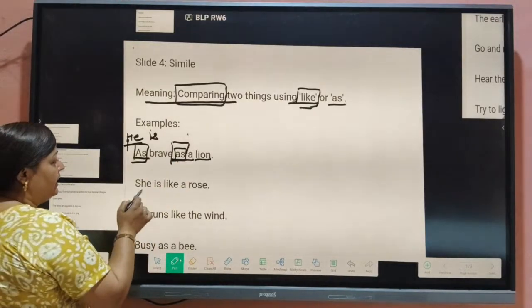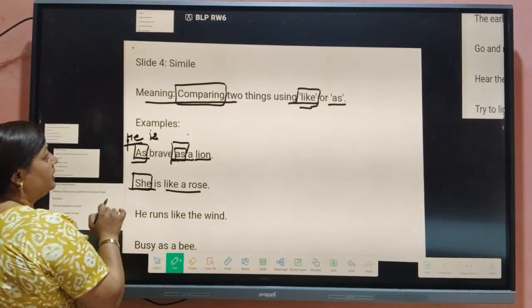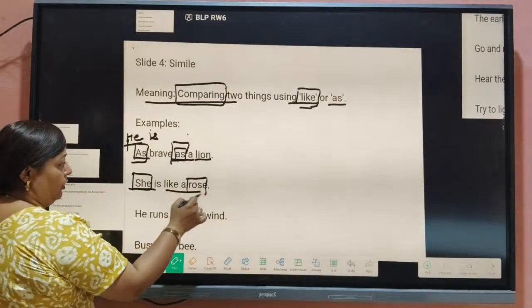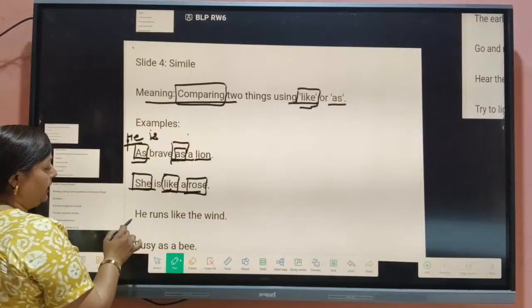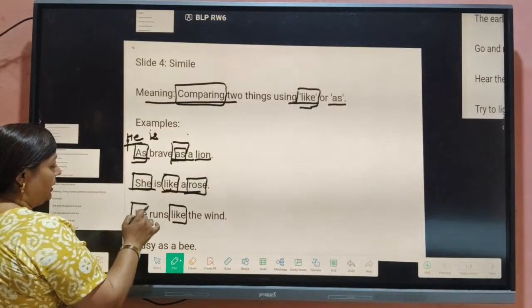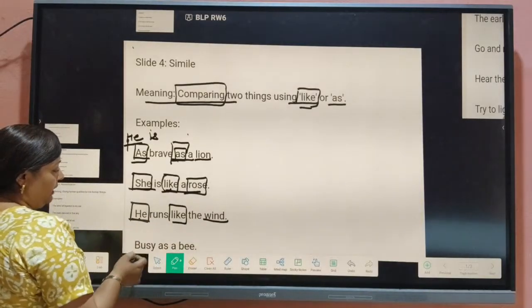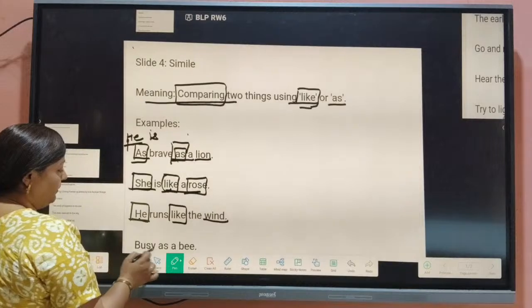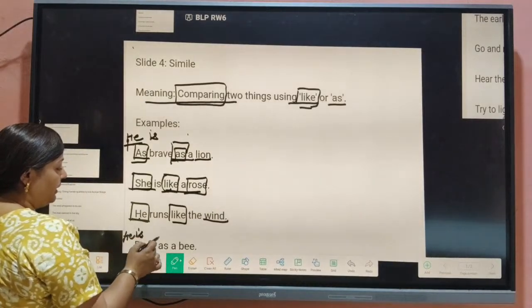In the same way, she is like a rose. Here, she is compared with a rose with the use of like. In the same manner, he runs like the wind. Now, he is compared with the wind. In this way, he is busy as a bee.